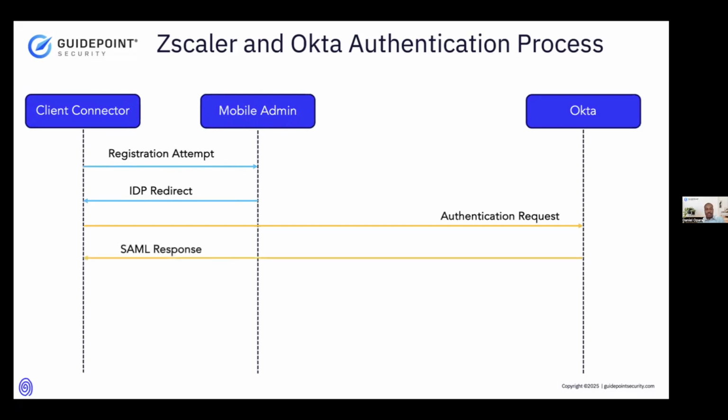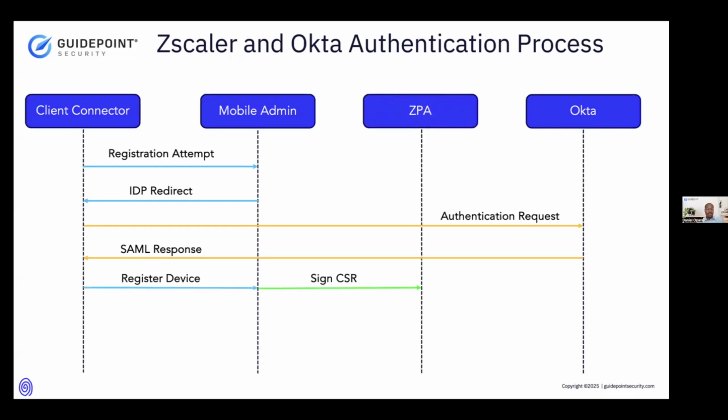When Okta does that, it sends back a SAML assertion response to the client connector. The client connector in turn will take this SAML assertion response and a certificate signing request. This certificate signing request contains information about not just the user, but the device and its identity. The client connector will take this and the SAML assertion response to the ZPA.